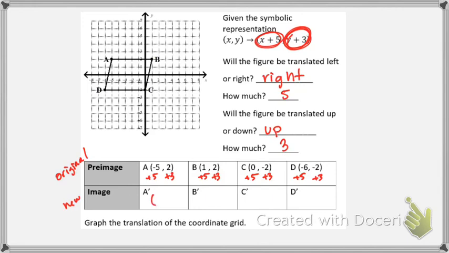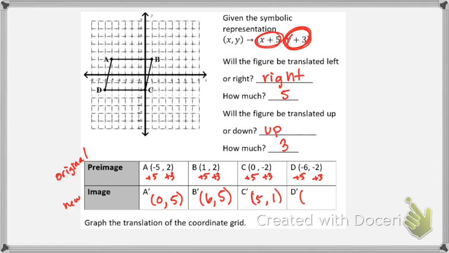A prime, -5 plus 5, that's 0. 2 plus 3, that's 5. So that's going to be where my new A prime is going to be. For B prime, 1 plus 5, that's 6, and 2 plus 3, that's 5. For C prime, 0 plus 5, that's 5, and -2 plus 3, that's +1.